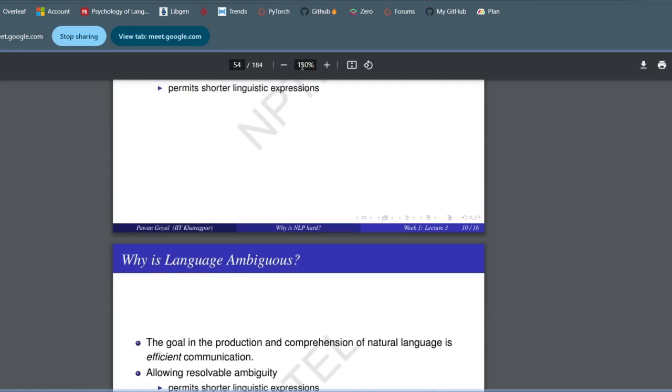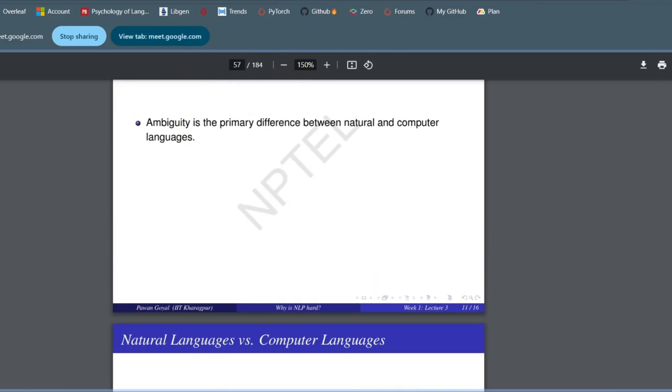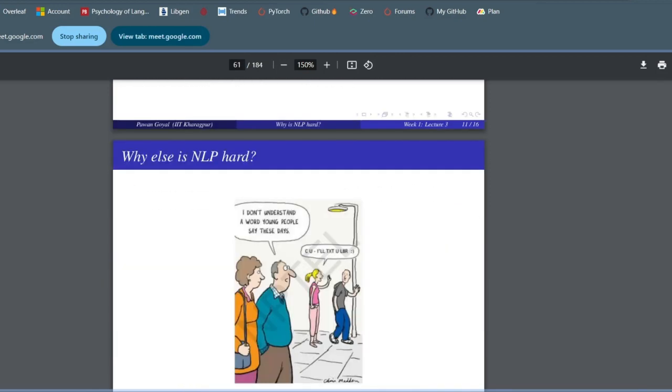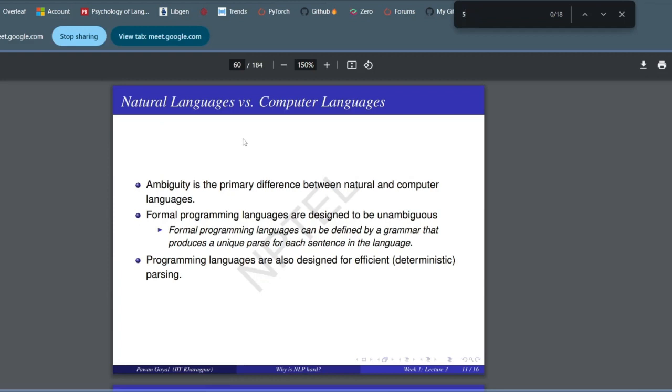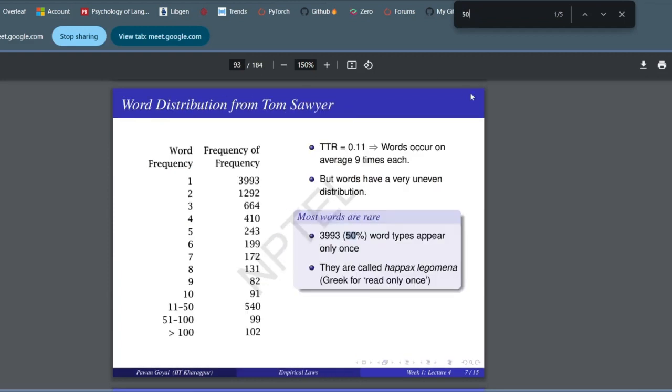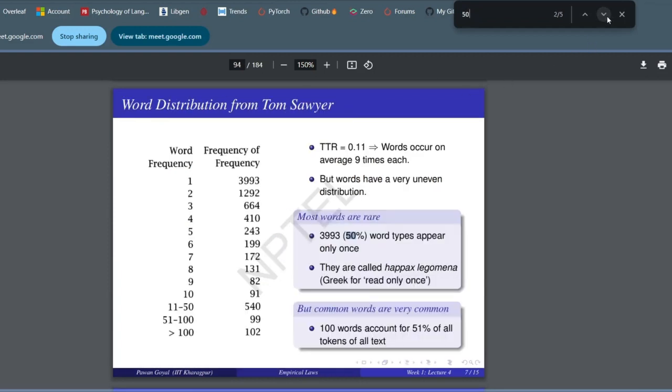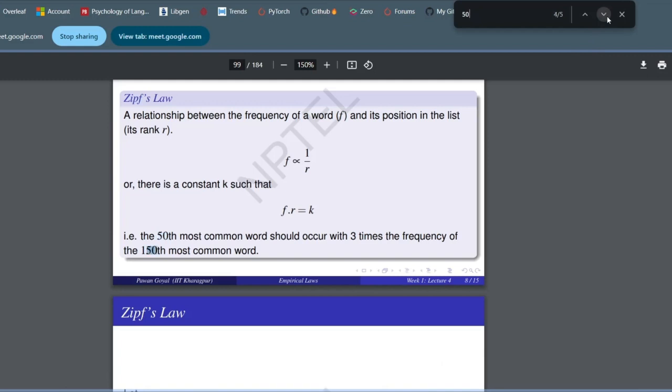Is it the example where it's the 50th common word and the 150th common word, where the 150th common word would have 3 times the frequency? Yes, exactly the same thing. Probably page 98, maybe if you type 98. I got it.